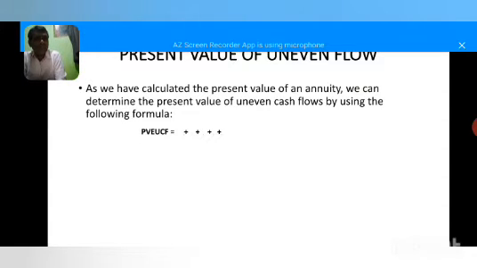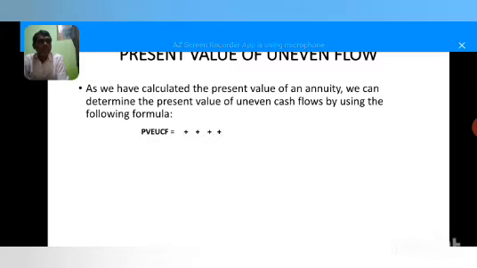First year 1000, second year 2000, third year 3000, fourth year 4000, fifth year 5000, sixth year 6000. Likewise, when the cash flows generated vary or change from year to year, they are called uneven cash flows.